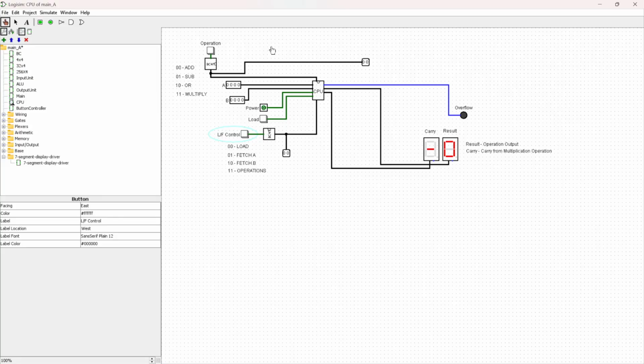So we have +6, which is, wait, let me reset first. +6 is 0, 1, 1, 0, and then, oh, -2. -2 in 2's complement is 1, 1, 1, 0. Okay, I want to do like power.